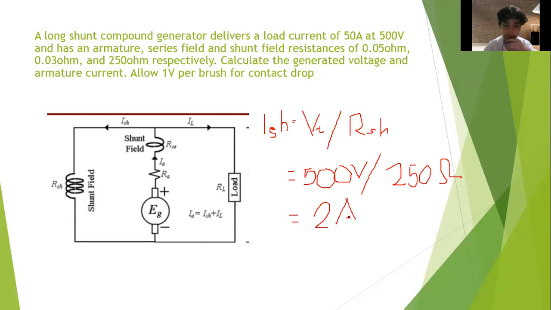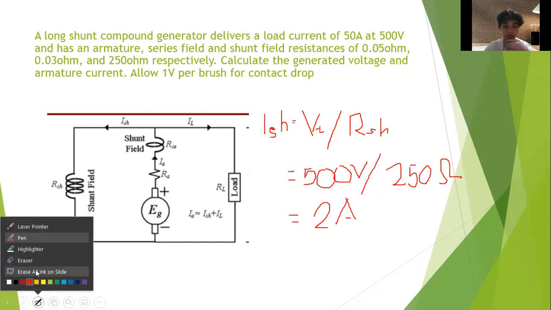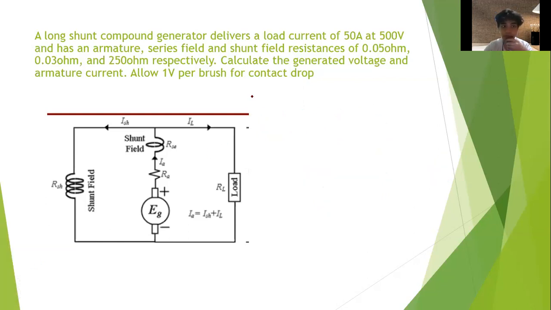Why do we have to obtain I shunt? Because we will use that to obtain the current in the armature. For the armature current, we use IL, the load current, then add the previously obtained ISH.